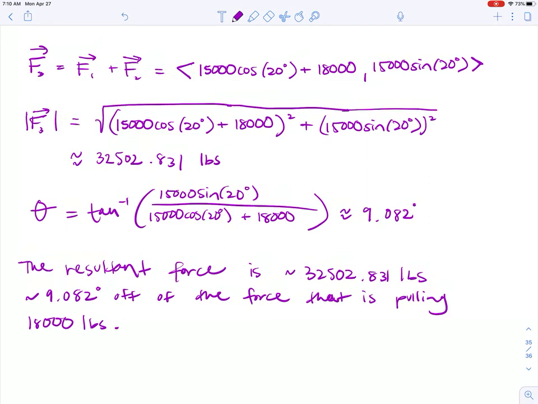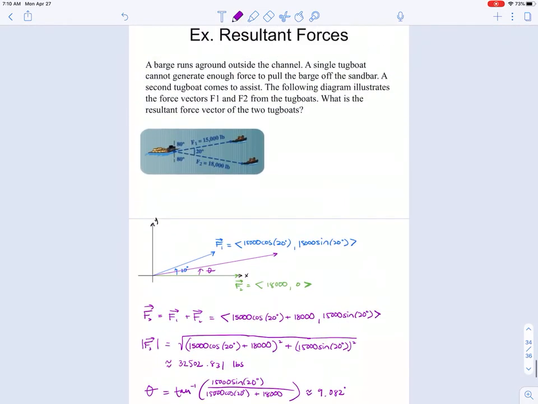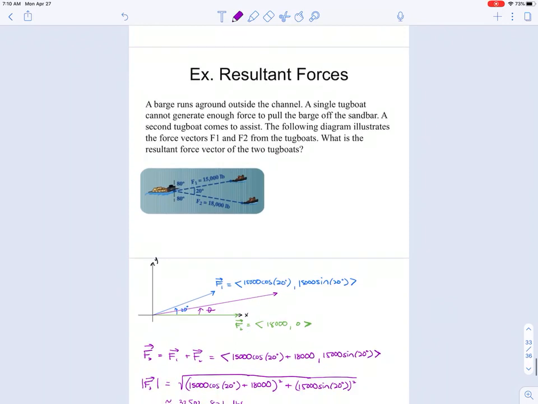Okay, or some description of that angle being off the second force vector.